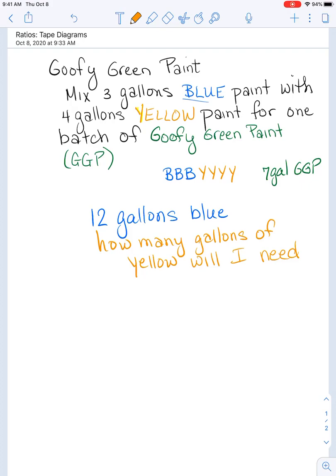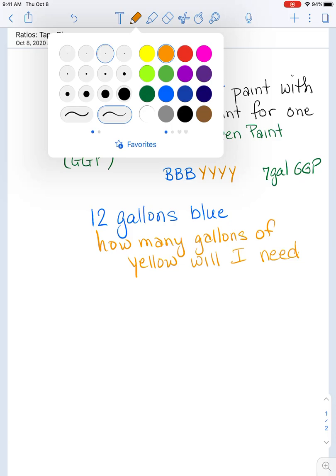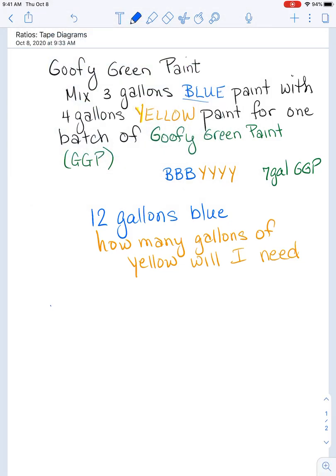Okay, so here's how we're going to do this. We're going to label. We have to get used to, when we work with ratios, labeling is super duper important. Okay, so I am going to start with my blue, and the reason this is called a tape diagram is because it looks like tape when you take tape from a dispenser.